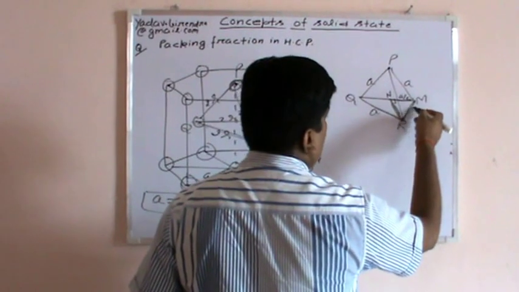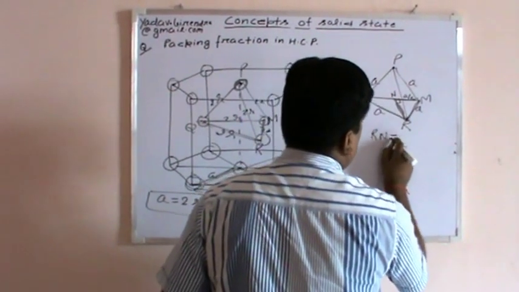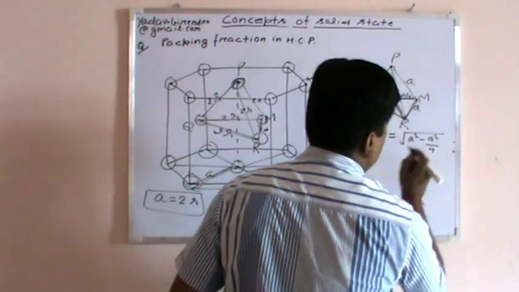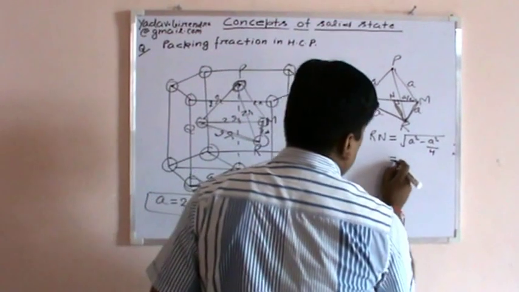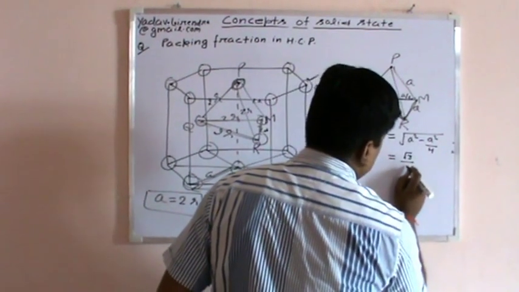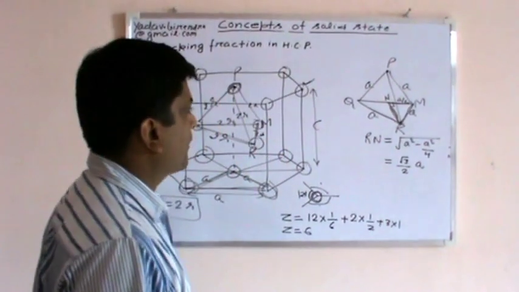So this is A, this is A by 2. We can get the length RN. RN will be root A square minus A square by 4. So it will be root 3 by 2 A. Root 3 by 2 A.